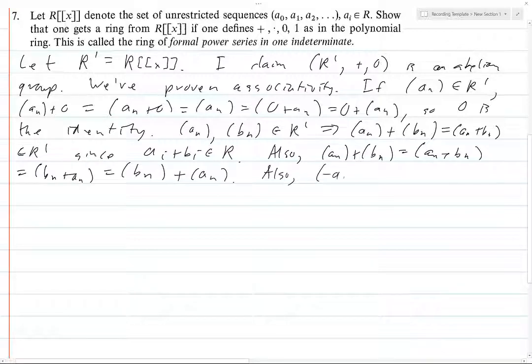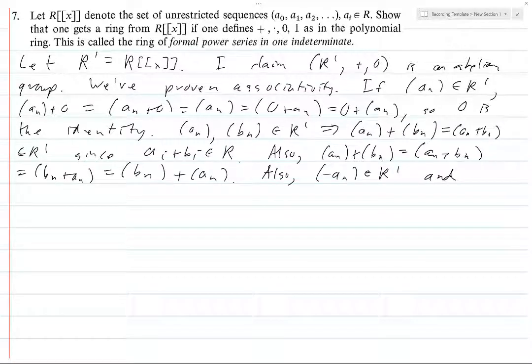Also, negative an is in r prime, and the ith index of negative an is just negative ai.